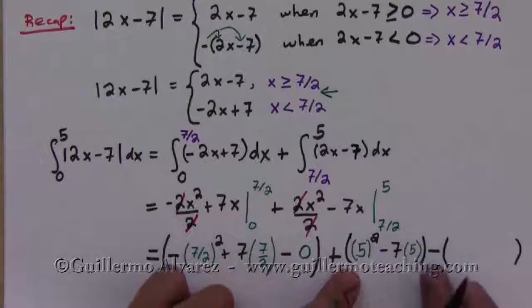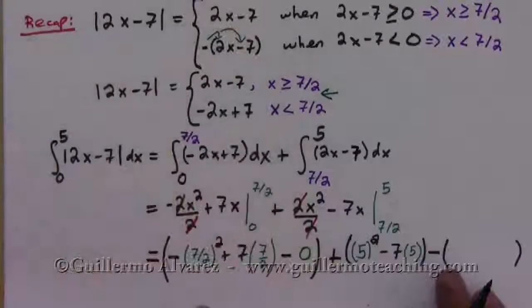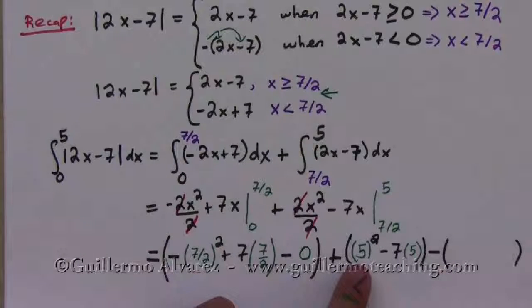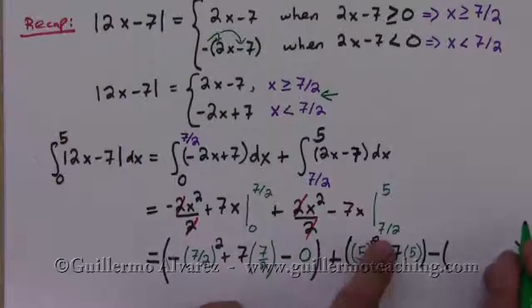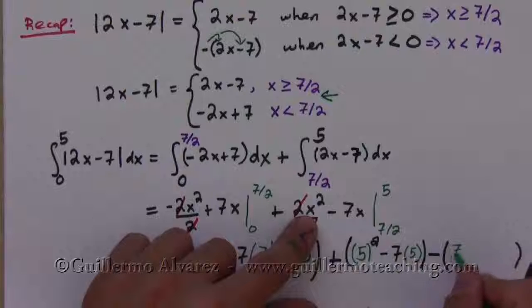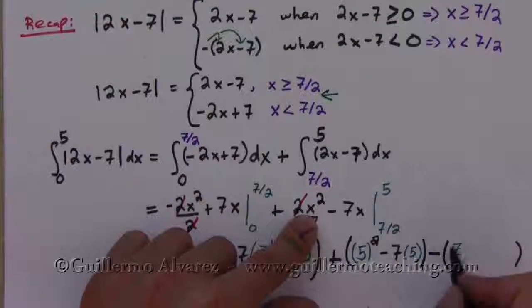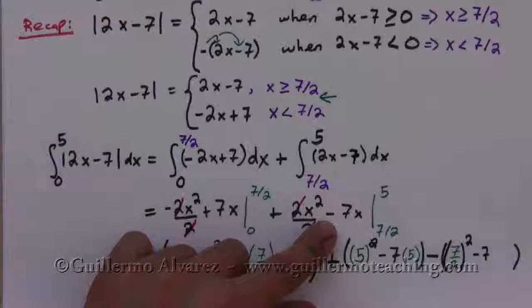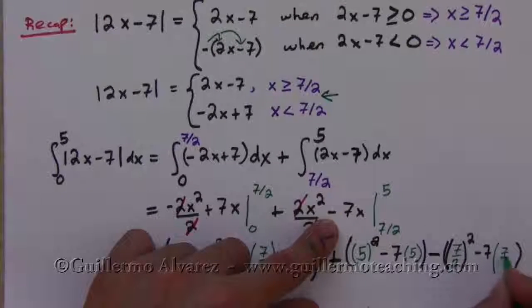You don't want to make any sign mistakes at this point because we did all this work and it would be a shame to just get it wrong right now because I didn't put in my parentheses. Okay, so now I'm going to plug in the bottom. So it's going to be 7/2 squared minus 7 times 7/2.